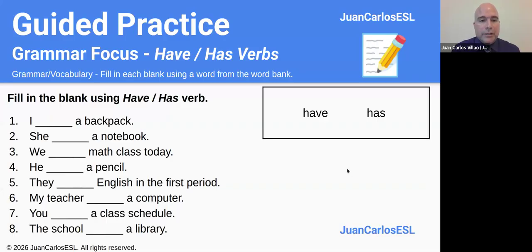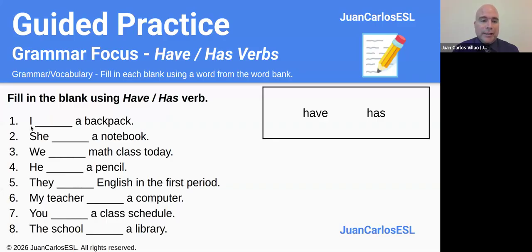So fill in the blank using have or has verb. So I blank a backpack. Remember, just like we did in the warm-up, we are to use the context clues and apply the logic. So also here we have to take into account the verb have or has. We talked about it a moment ago in previous slides regarding the subject.